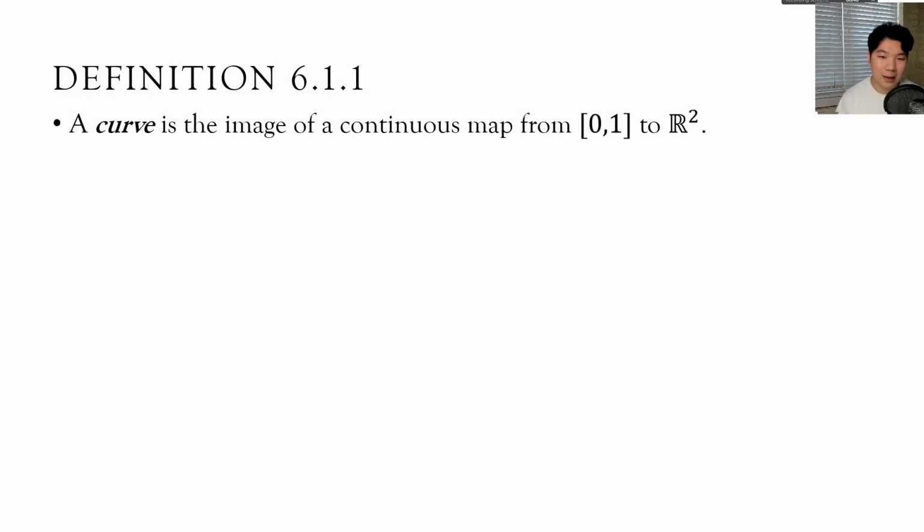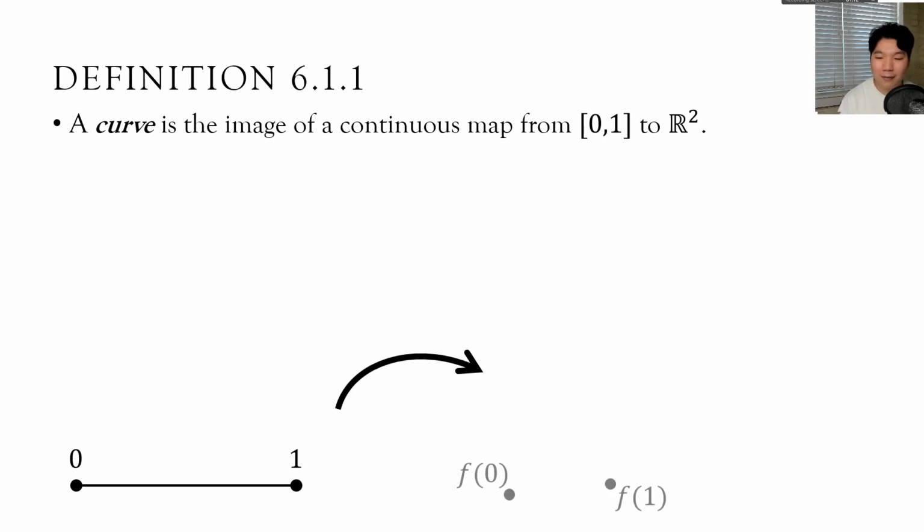In other words, if I have the line segment 0 to 1, a curve is a transformation of this line segment. That is, I can take this line segment from 0 to 1, and then I can do some type of transformation on it. Let's call the transformation f.